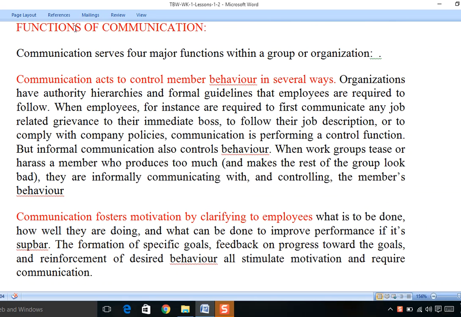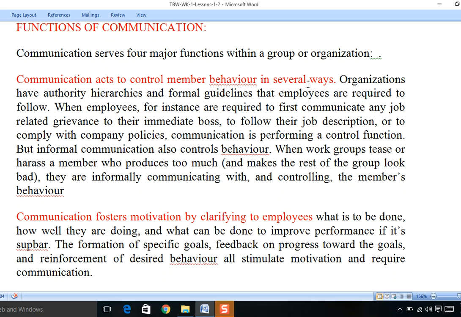Well, functions of communication, let's read and then we'll discuss the points. Communication serves four major functions within a group or organization. Number one, communication acts to control member behavior in several ways. Clear?